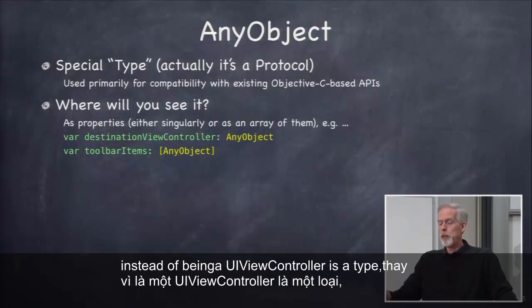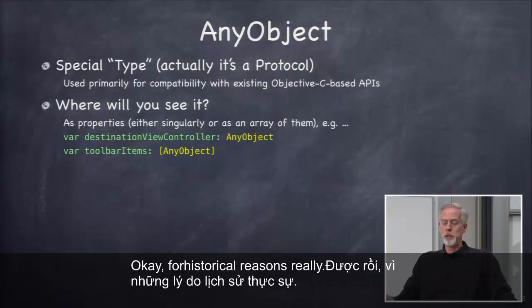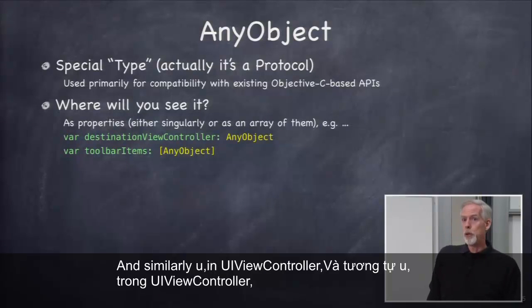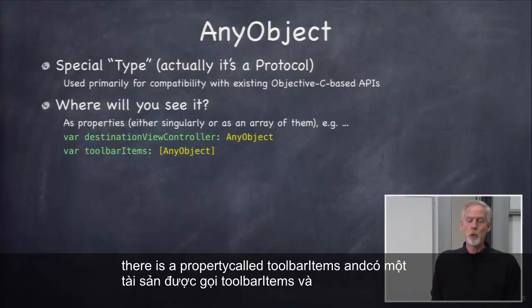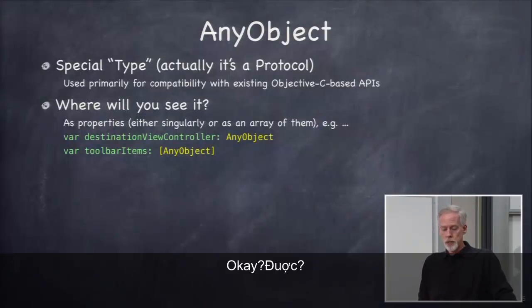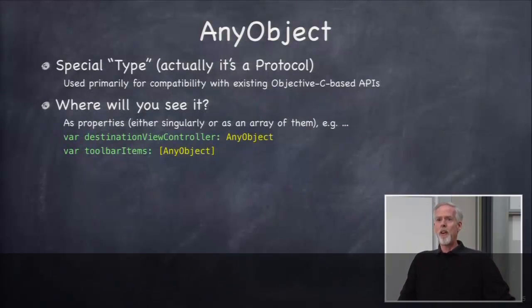Instead of being a UIViewController, it's an AnyObject, okay, for historical reasons, really. And similarly, in UIViewController, there's a property called toolbarItems, and it returns an array of AnyObject, okay? So basically, these properties are giving you back things you don't even know what they are, okay?